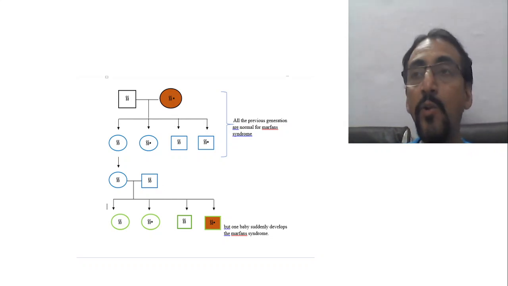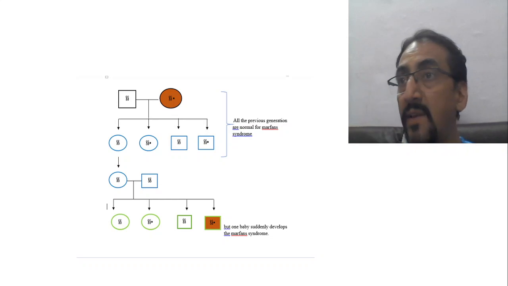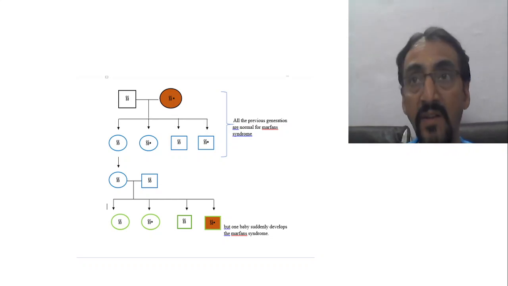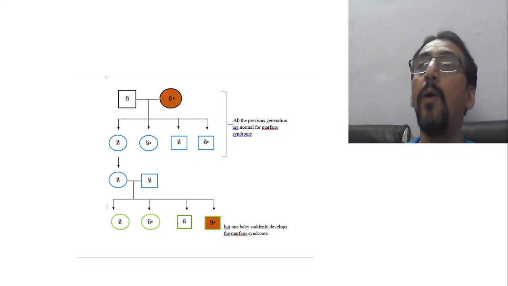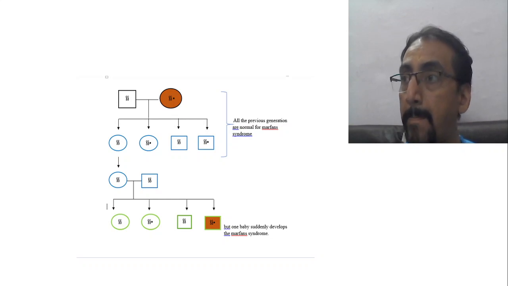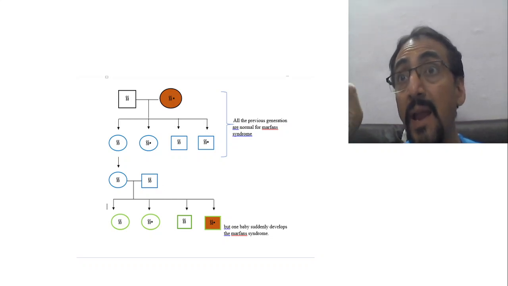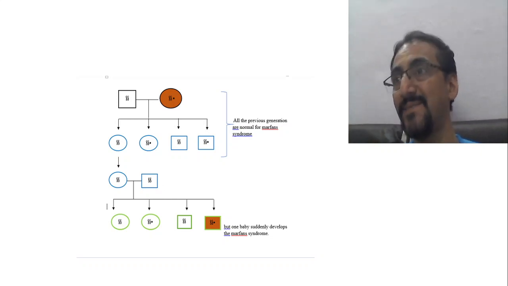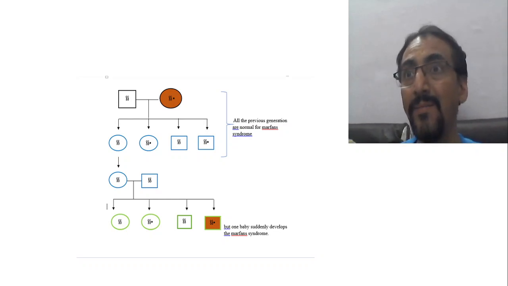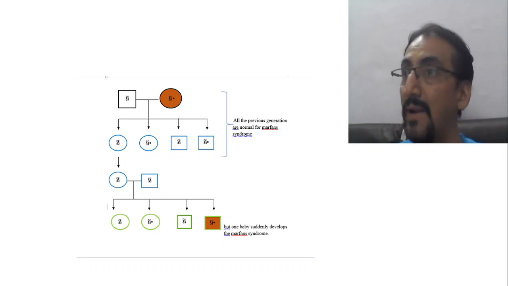You just understand, new mutation means everything is normal at the time of embryogenesis, or because of some lifestyle modifications or abnormal lifestyle, the change has taken place only in that particular gamete, not in all. Male and female, both parents are normal.